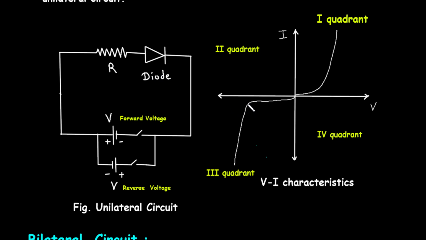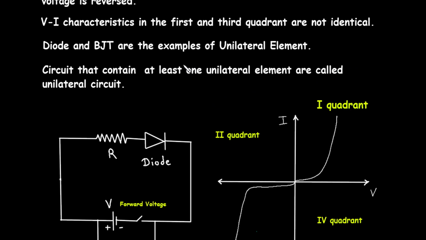And after this breakdown or avalanche breakdown, we get a large amount of current. So this is called a unilateral circuit. Circuits that contain at least one unilateral element are called unilateral circuits.